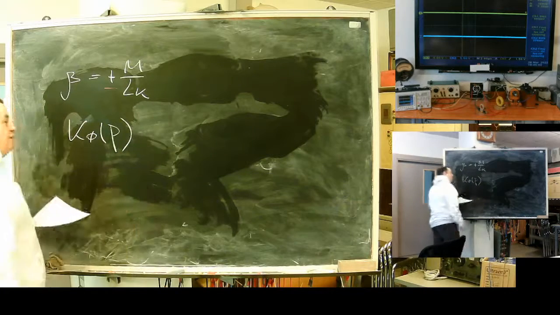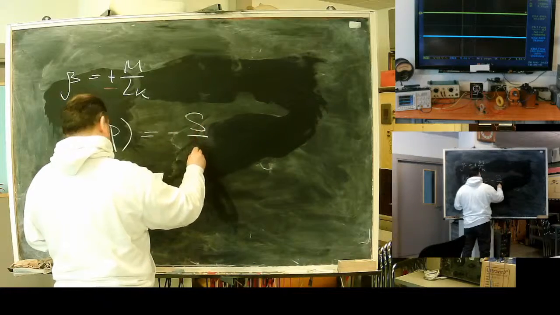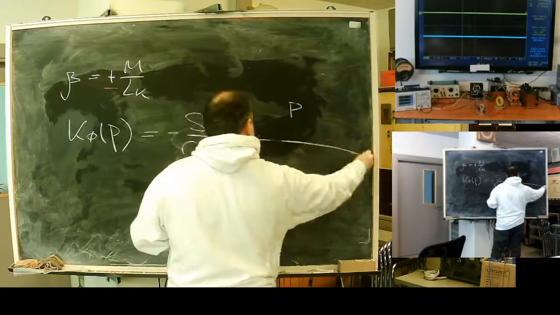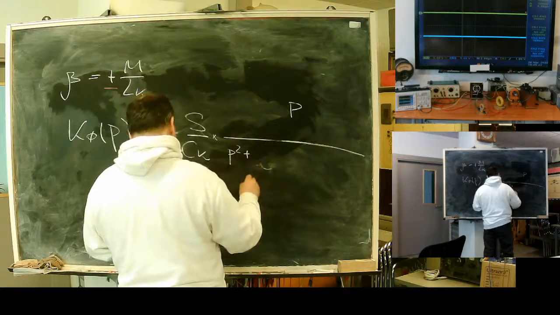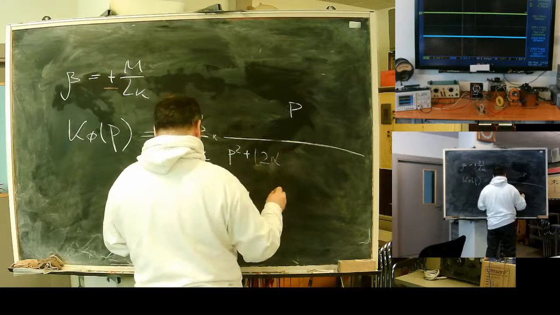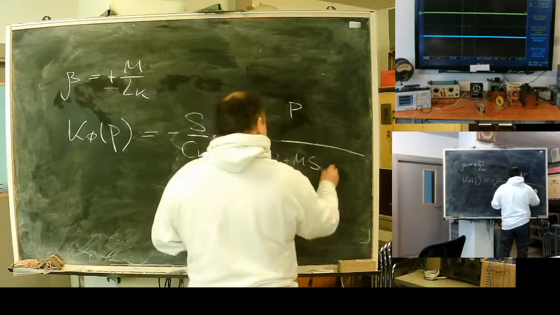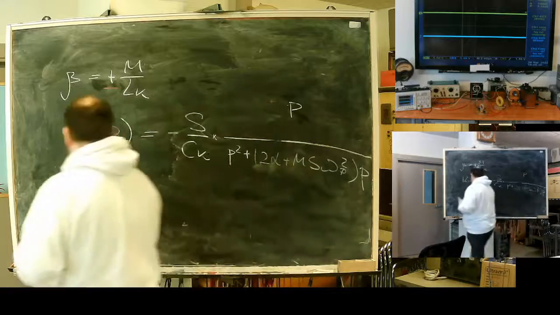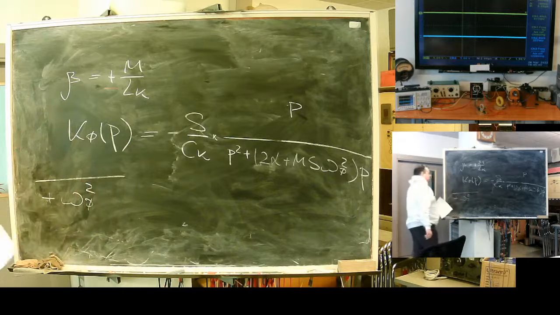We'll see the overall transfer being S divided by contour capacitance multiplied by p divided by p squared plus double alpha plus M S omega 0 squared p, plus omega 0 squared.